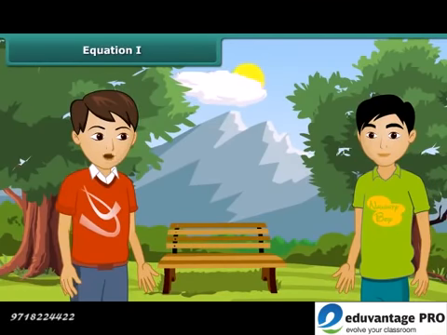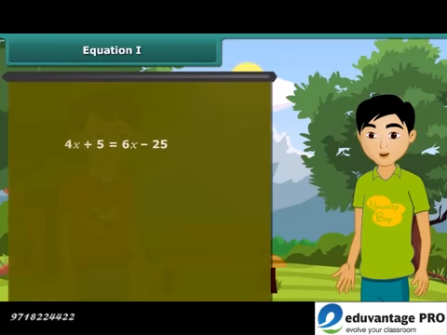Can you explain what an equation is? There is always a sign of equality in an equation. The equality sign shows that the value of the expression to the left-hand side is equal to the value of the expression to the right-hand side. When the expression on the left hand and on the right hand are interchanged, the equation remains the same.